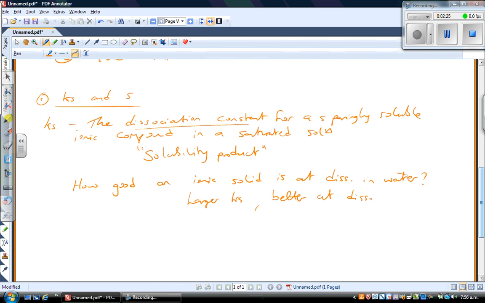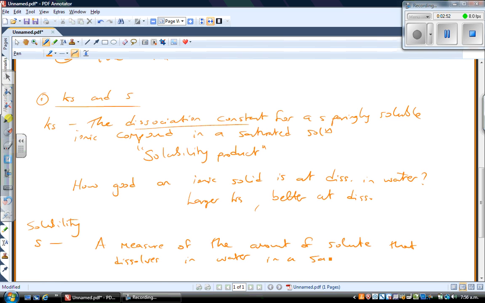All right, solubility on the other hand, so this is a lowercase s, referred to as solubility. Solubility is a measure, because there are units, so it's a measure of the amount of solute that dissolves in water in a saturated solution.